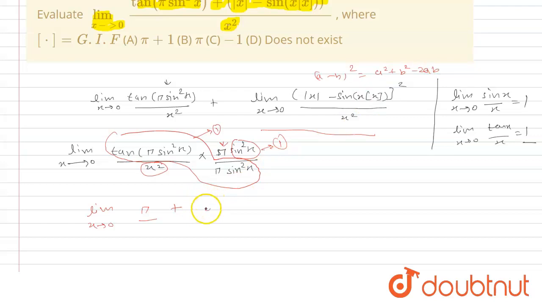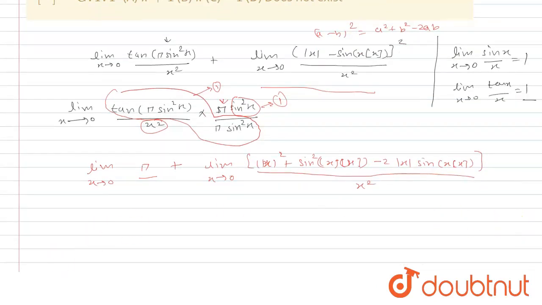So this will be limit x tends to 0 of |x|^2 + sin^2 x [x]^2 - 2 times |x| sin x [x], divided by x^2.